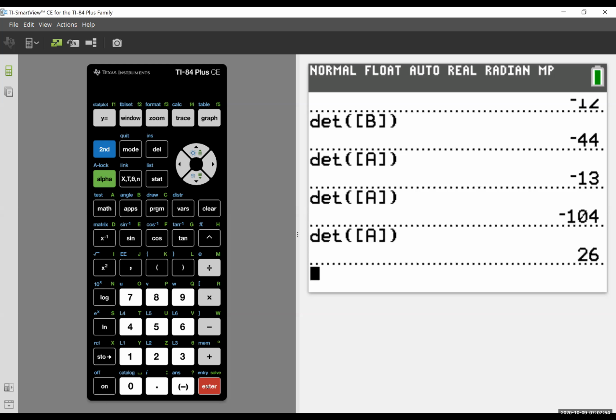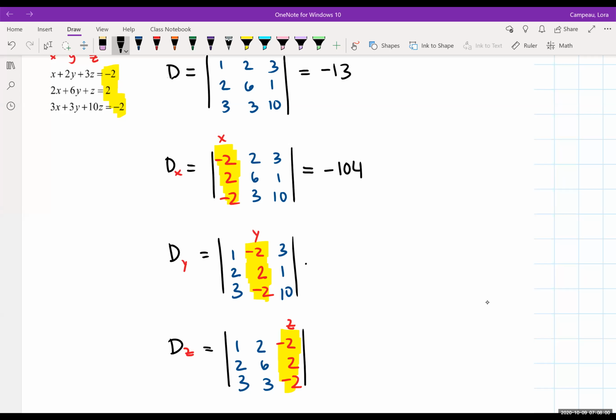So let's record that, switching over. So D sub y is equal to positive 26. And one more determinant to find. 3 equations means 3 variables and an extra determinant of coefficients. So we're almost there. Let's go to our TI.